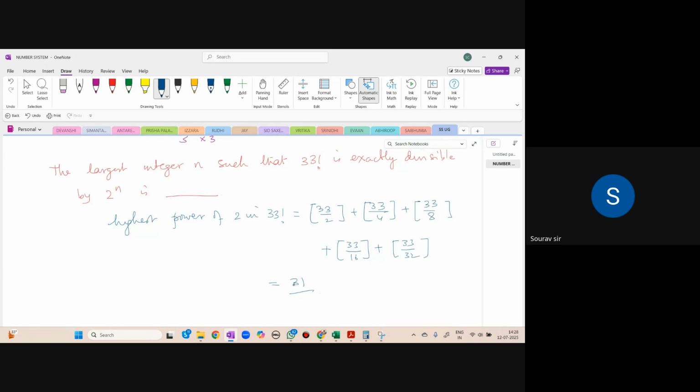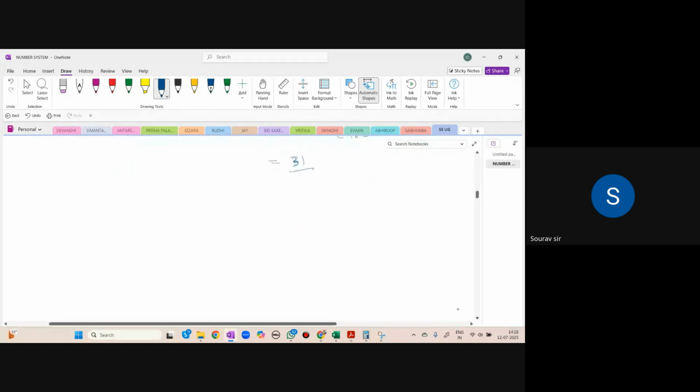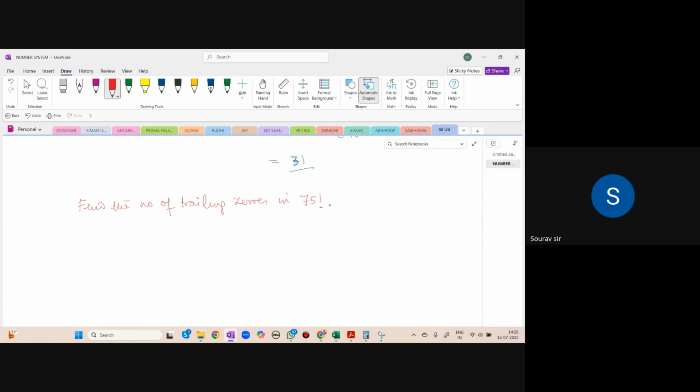Okay. Now, similar question. Find the number of trailing zeros in 75 factorial.